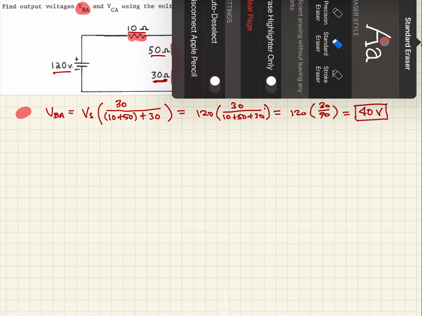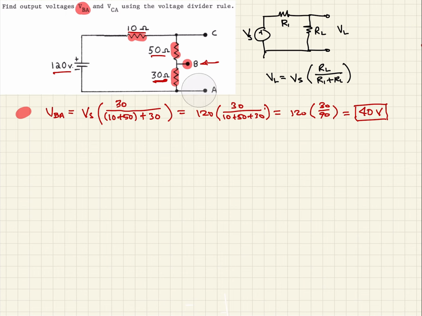Okay. So now we want to go back and look at this again for VCA. That'll be measuring between this terminal and this terminal. When we do that, we notice now that both of these resistors connected in series are our load resistor.